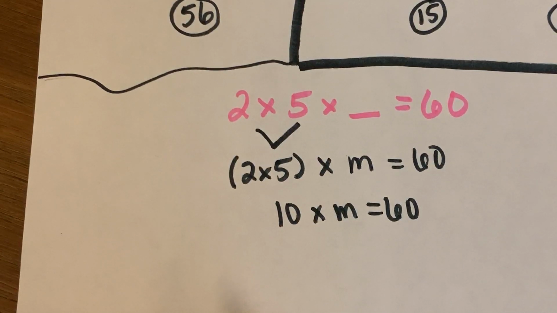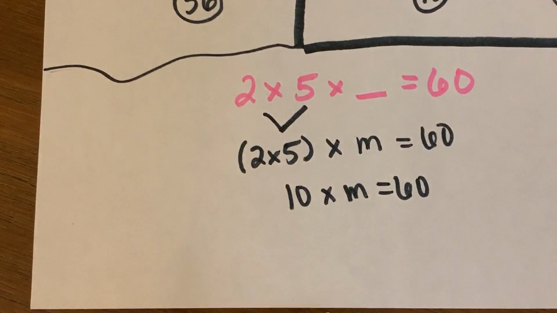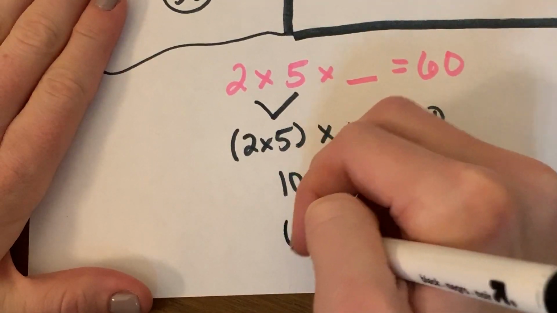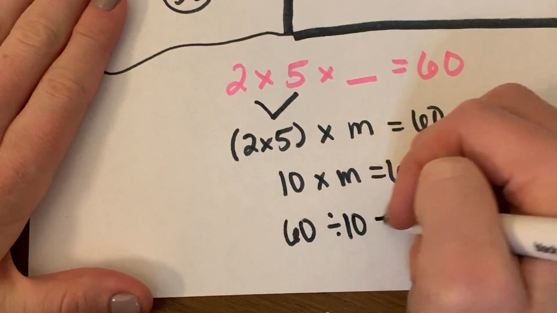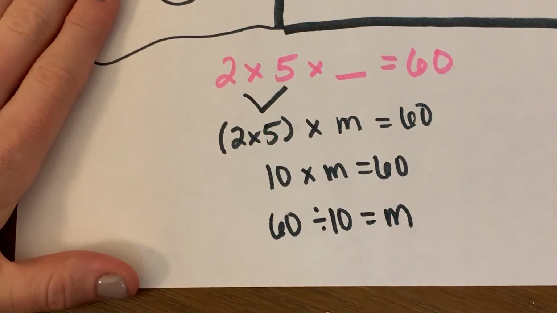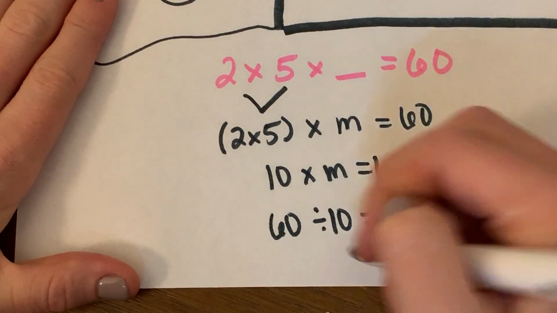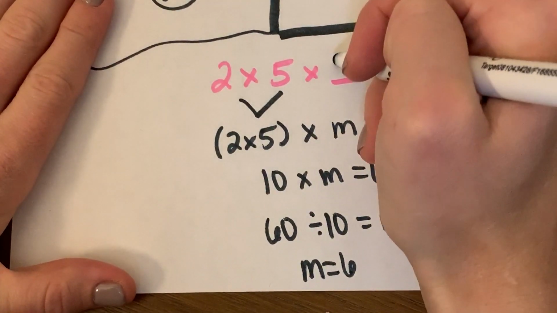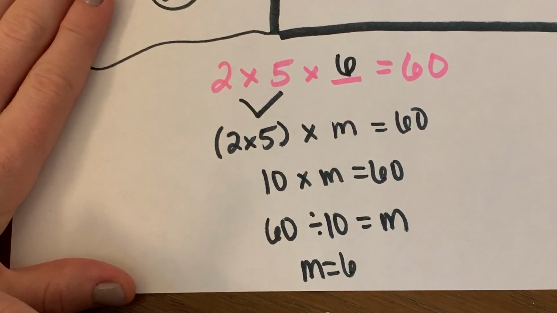Well, I know that multiplication and division are inverse operations. So I can use 60 divided by 10 to figure out m. 60 divided by 10 is 6, which means m equals 6, which means the number that goes here is 6.